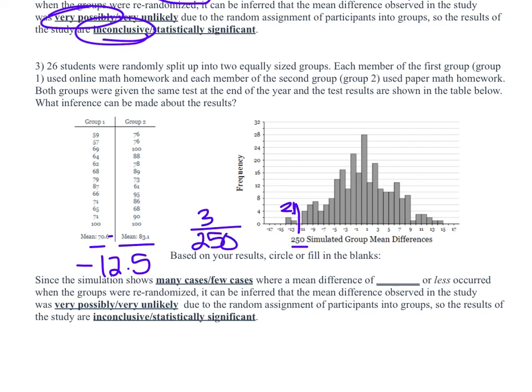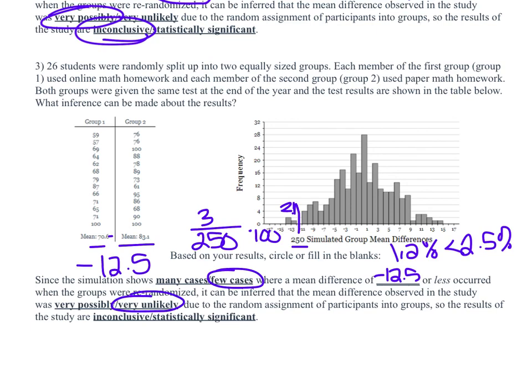So that percentage is times 100, about 1.2%. So that is way less than 2.5%, as I just said. So that's few cases where the mean difference of negative 12.5 or less occurred, okay? So it was very unlikely due to the random assignment of participants, meaning it was probably a good sampling. And it was definitely statistically significant, meaning it was a big deal.